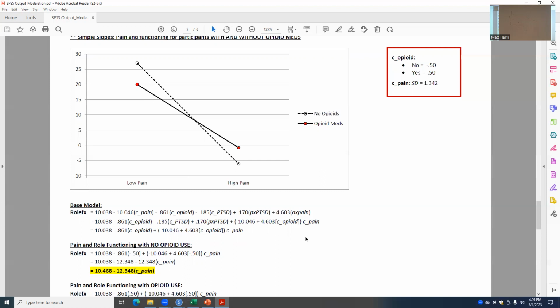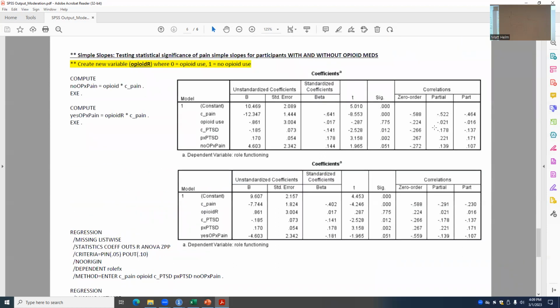It's just that when they are using medications, the relationship isn't quite as tight, which we could interpret to say that, at least based on these data, there may be some benefit for taking medications in that it decouples this a little bit. It's still related pretty strongly, right? If we go down through and take a look, for pain use, our partial correlations are still pretty strong for people who are not using and for people who are, but it's just a little bit lower.